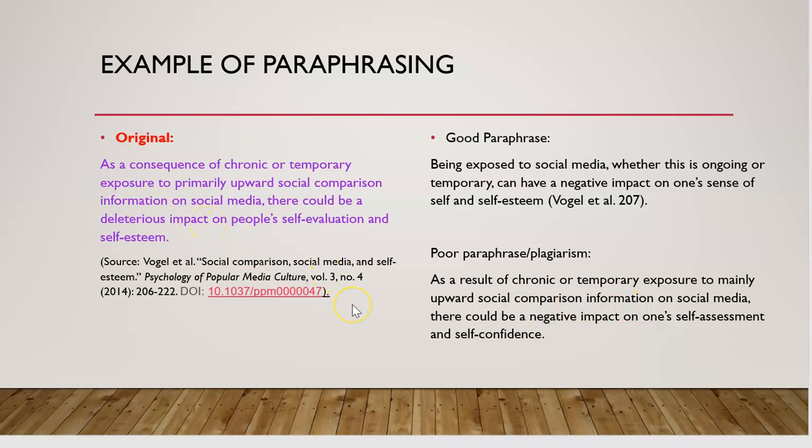So just be aware that with paraphrasing, you do need to change both the structure of the sentence and the word choice, and give credit to the original source. So if you're failing to do those things, you're plagiarizing, or at the very least, poorly paraphrasing the source.